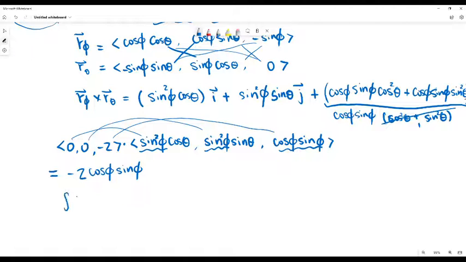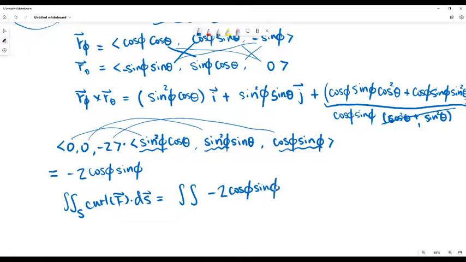Okay, which means that this surface integral we're doing turns into a double integral now. My integrand is just negative 2 cosine phi sine phi. My variables are phi and theta. My phi is from 0 to pi over 2.